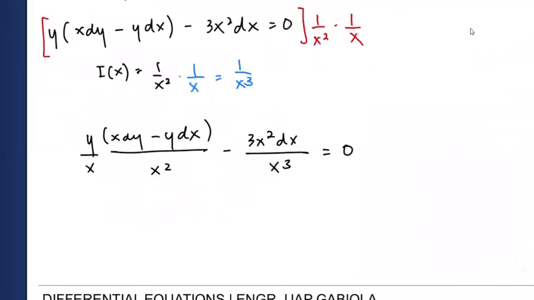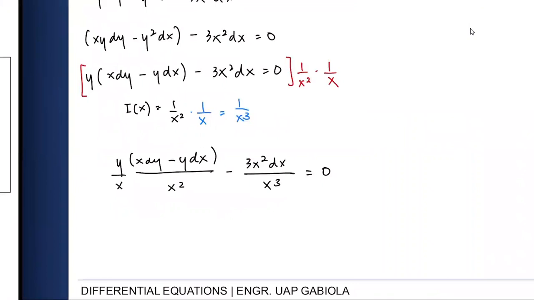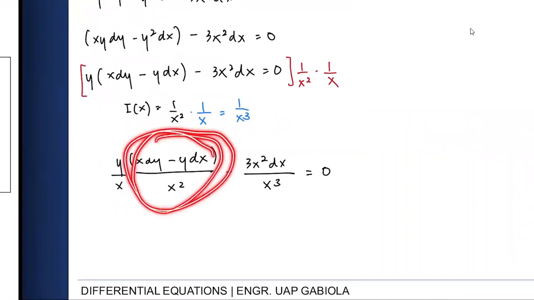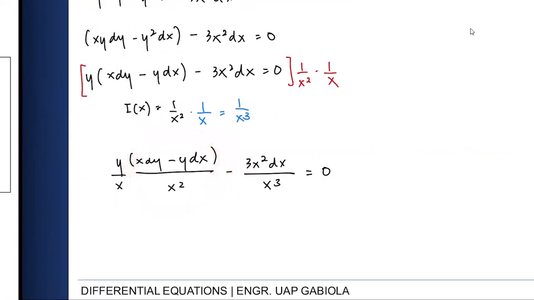Pero without pertaining dun sa table, we can analyze na this particular fraction, it can be an exact differential ng variables na meron siyang denominator na naka-square, no? So that is quotient. So differential ng quotient, so sa formula ng quotient, yung denominator yung naka-square.